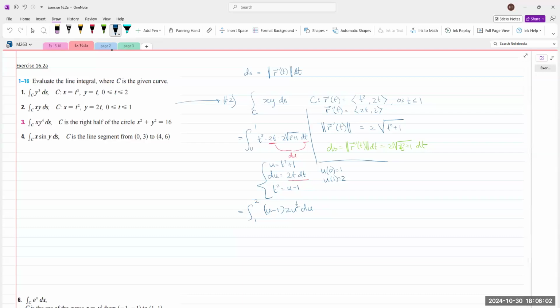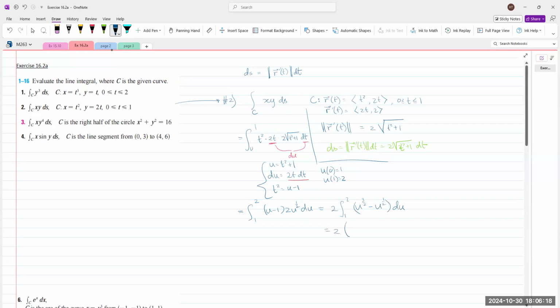Which is equal to 2 times the integral from 1 to 2 of u to the power of 3 halves minus u to the power of 1 half du.